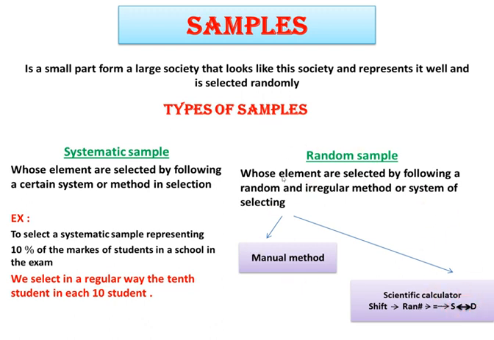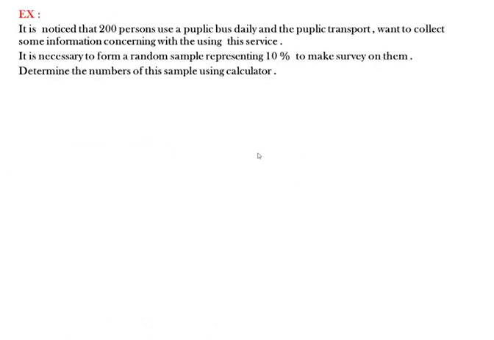Let's go to an example to show how to solve samples. It's noticed that 200 persons use a public bus daily, and the public transport authority wants to collect some information concerning the use of the service.